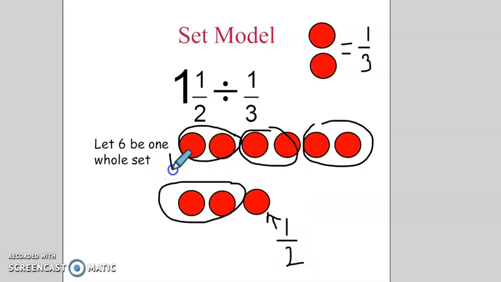We see 1/3 fits in once, twice, 3 times, 4 times, and then this one counter compared to the 1/3 is half of a 1/3, which again would be 1/6 of the whole, but we're not comparing it to the whole, we're comparing it to the divisor, to the 1/3.